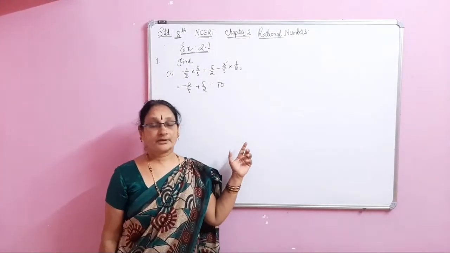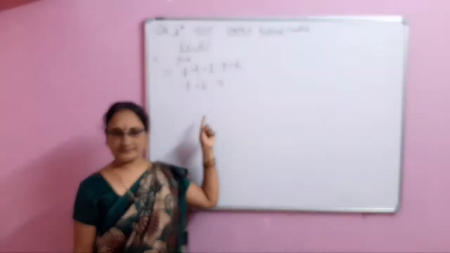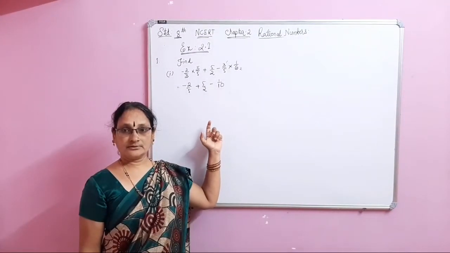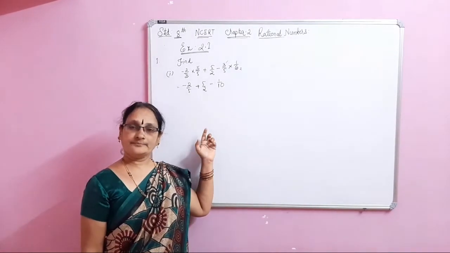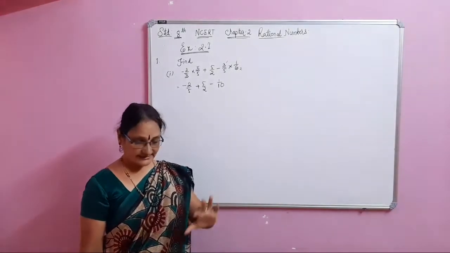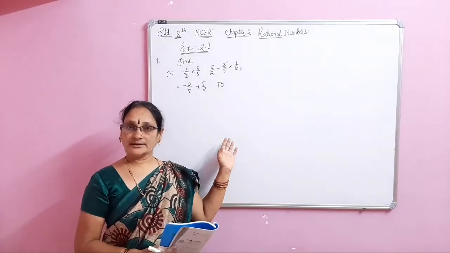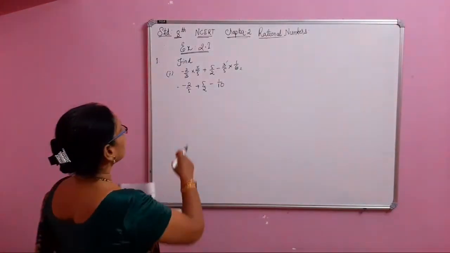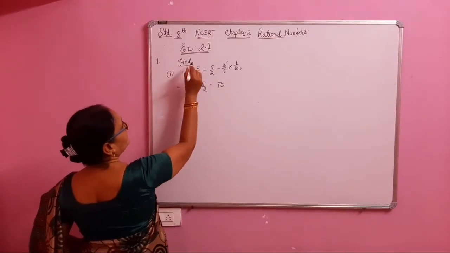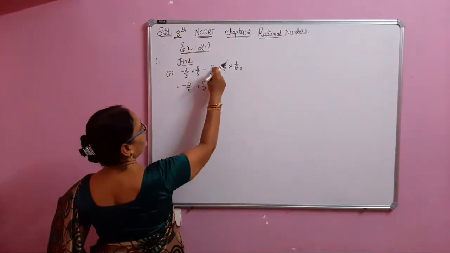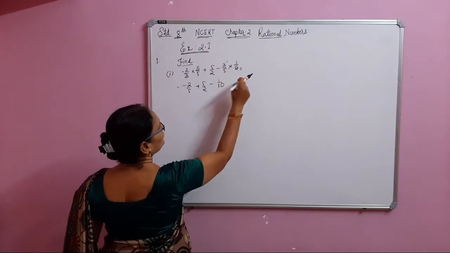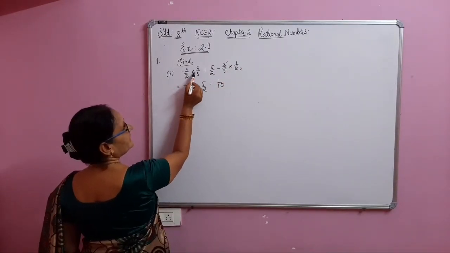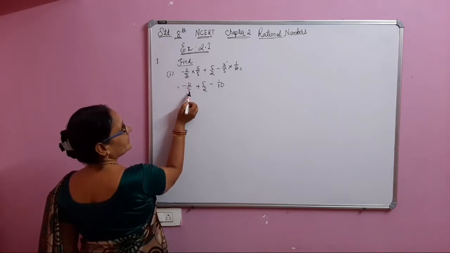Now I am solving exercise 2.1. From each I will do 1 or 2, and the remaining you can solve. I send this exercise in the video. The first one, see here: find minus 2 by 3 into 3 by 5 plus 5 by 2 minus 3 by 5 into 1 by 6. First we will simplify it. 3 got cancelled, as multiplication is there, so we can cancel it.